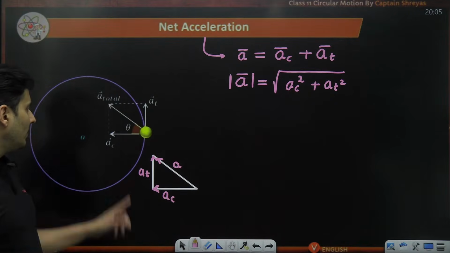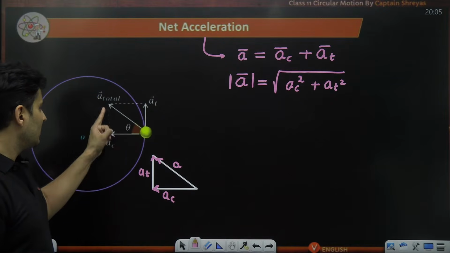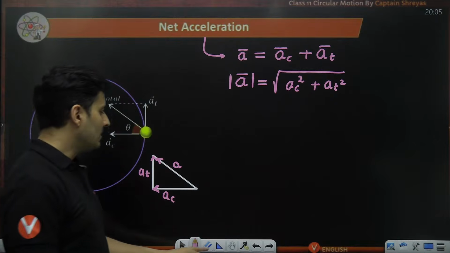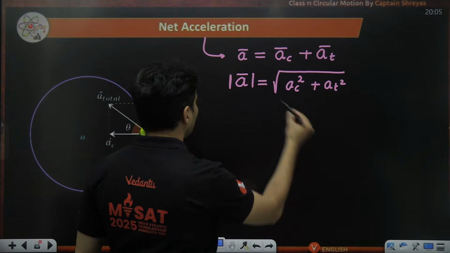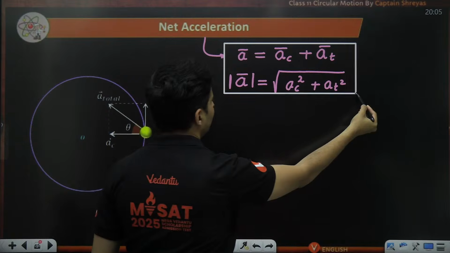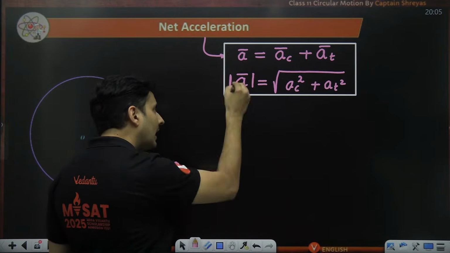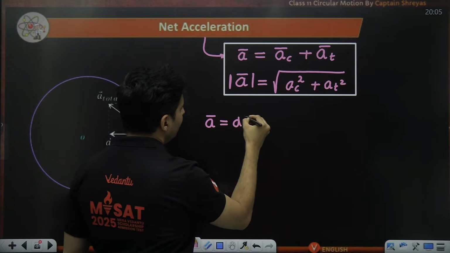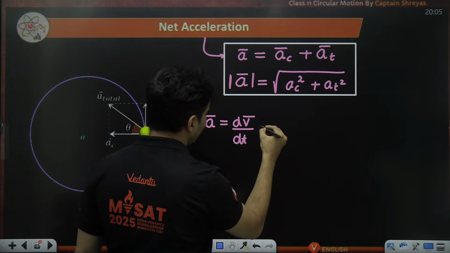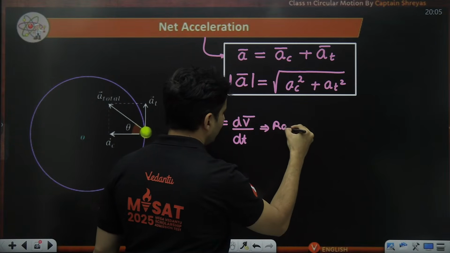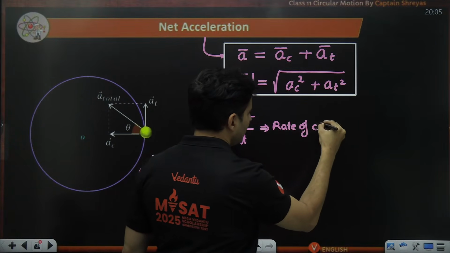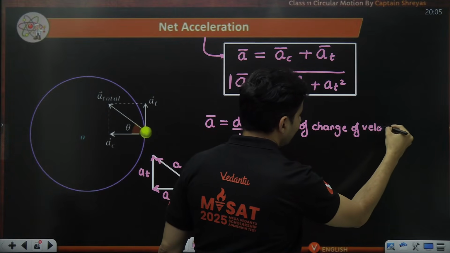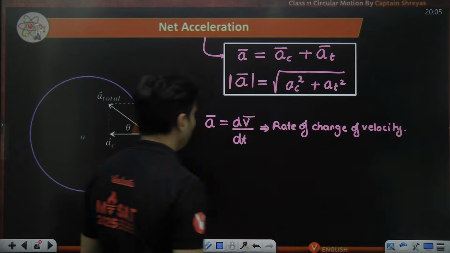So it's a Pythagorean triplet. AC, A tangential, and the hypotenuse will be the total acceleration. This is the magnitude part of it. Keep this in mind, very, very important. And now I can say the total acceleration is dv bar by dt, the rate of change of velocity.